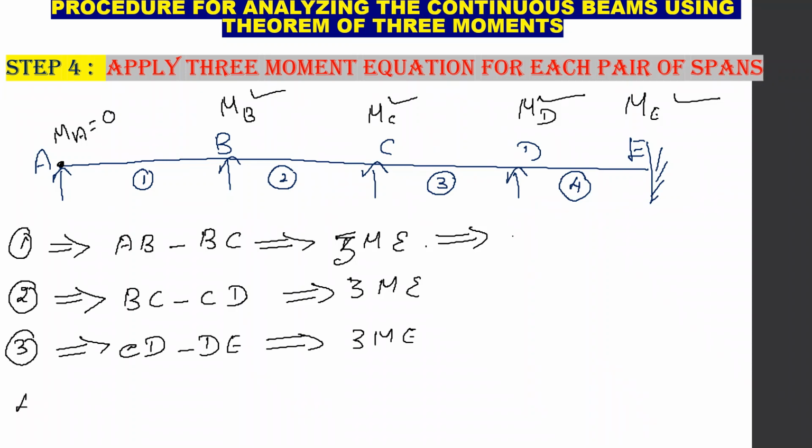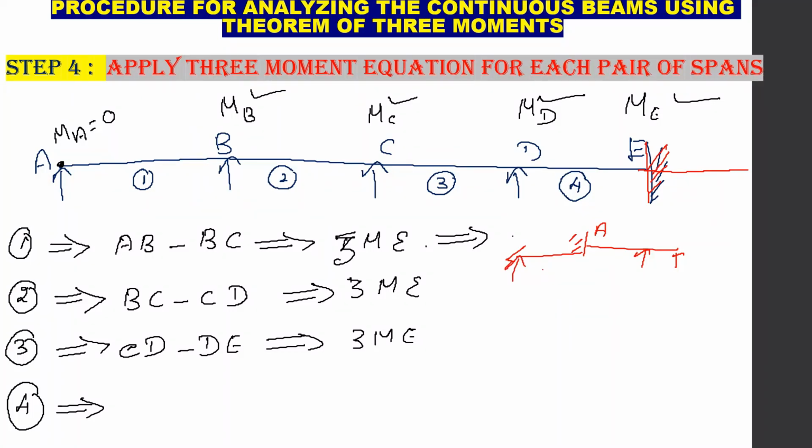Now for the fourth equation, you have to see, since E is a fixed support, we will assume a dummy span to the right of E. Now if A is a fixed support, we will assume a dummy span to the left of it.